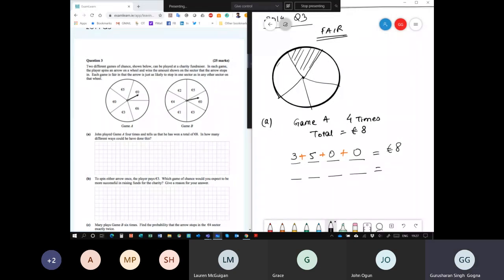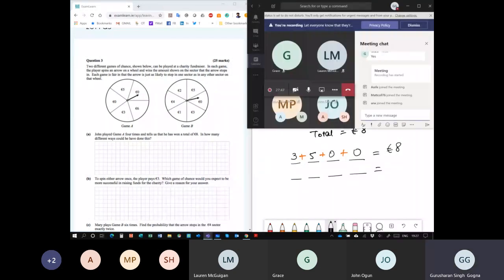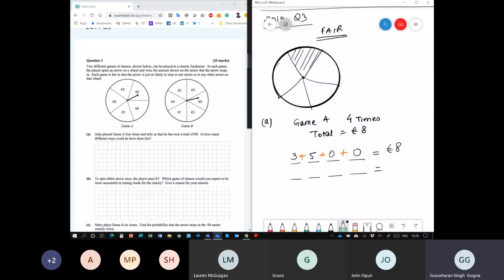Any idea? How will you find out quickly the total number of ways? You need to go by logic, because otherwise these kinds of questions in the exams will take a lot of time, although it looks easy. But we don't want to spend a lot of time on this question in the exam. So what you need to think is that a total of 8 is required.